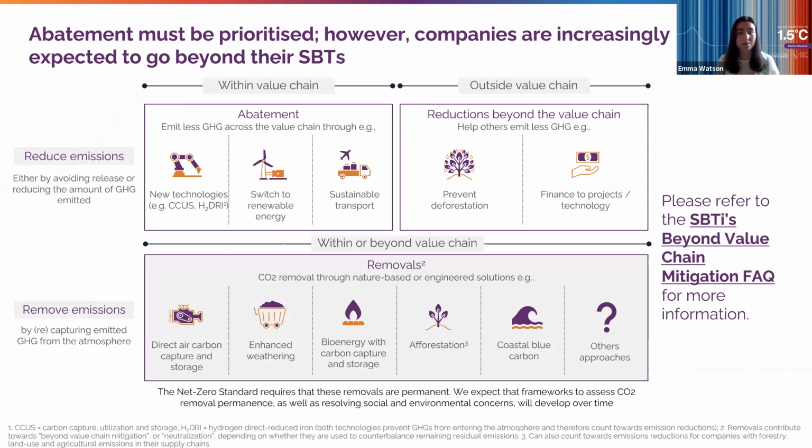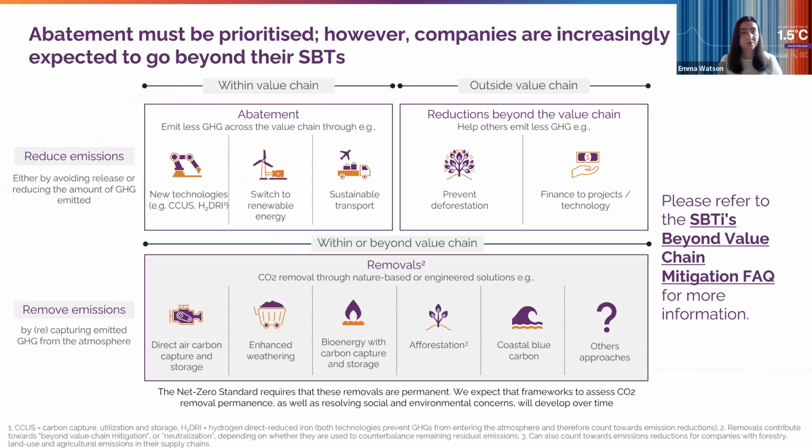Ways that companies could do this would be through new technologies, through switching to renewable energy, or through more sustainable transport. Outside the value chain, they could be helping to prevent deforestation or providing direct finance to projects or technologies. So these actions would all fit within that beyond value chain mitigation piece.